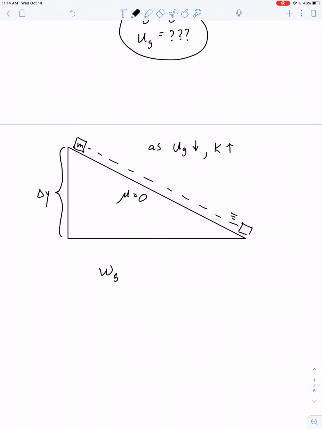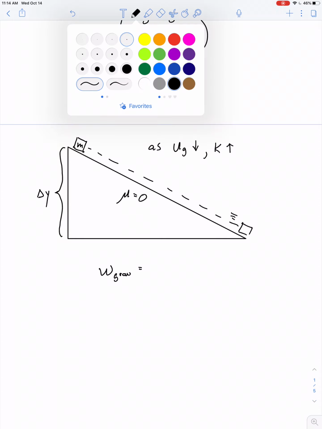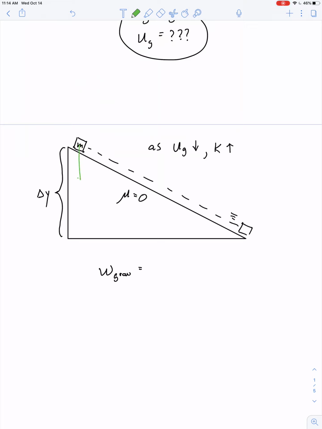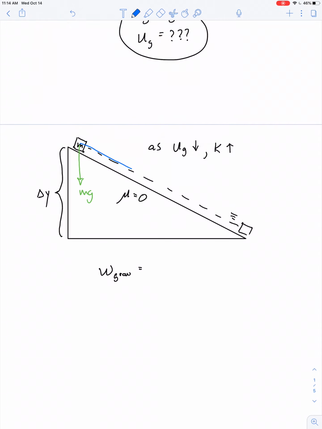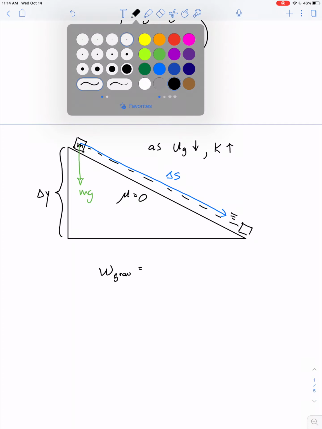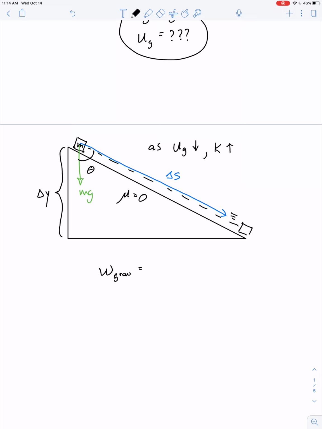So the work done by gravity in this case, well, once again, it's due to the force of gravity, mg. There's a displacement, delta s, and there's an angle between those vectors that we can call theta.